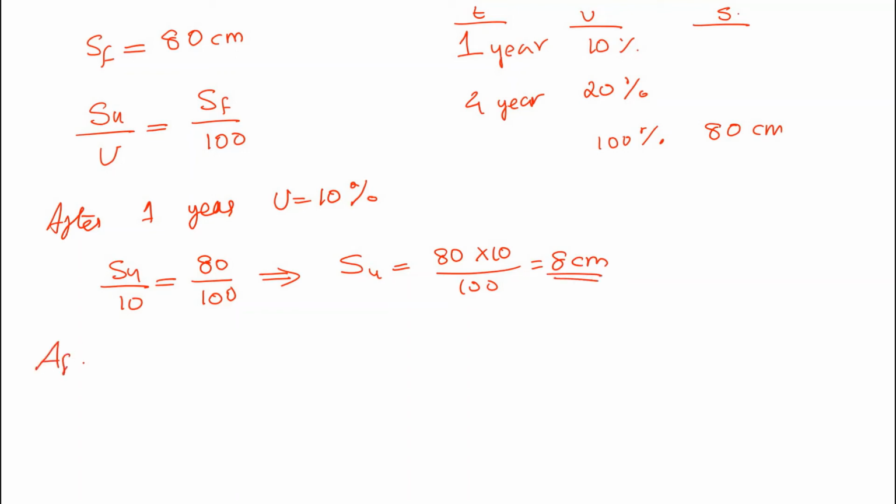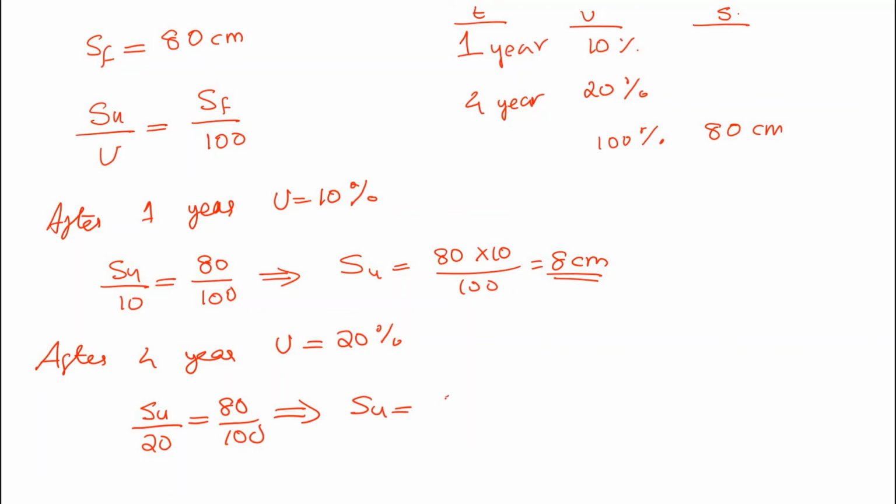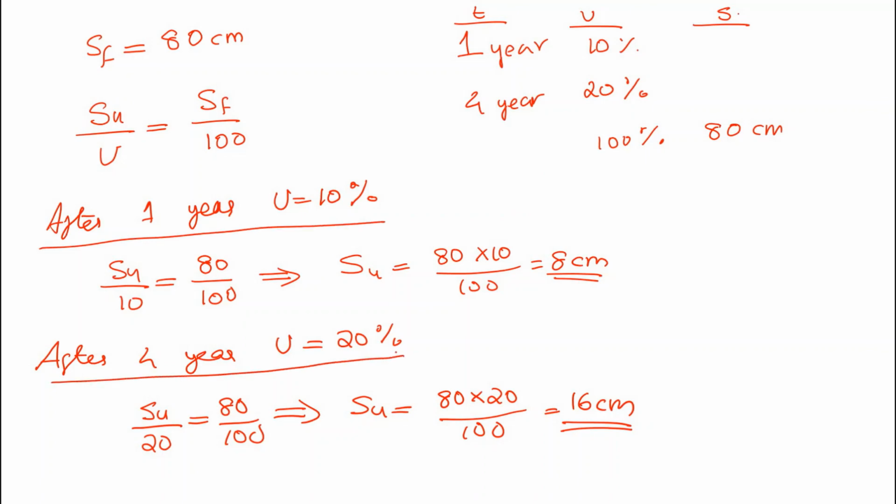After 4 years, U is 20 percent. So SU by 20 is equal to 80 by 100. So we can write SU is equal to 80 into 20 by 100, which is 16 centimeter. So that is what we had to find out, the settlement after 1 year and 4 years.